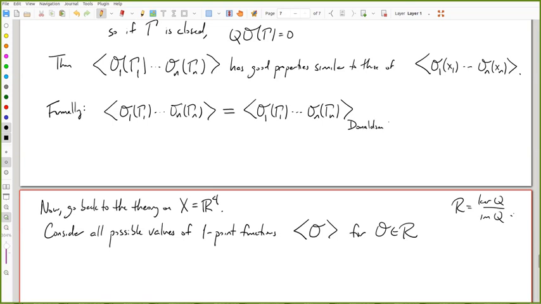I didn't tell you one very important thing about R. I didn't tell you why I call it R. It's R because it has a natural ring structure. Why does it have a ring structure?